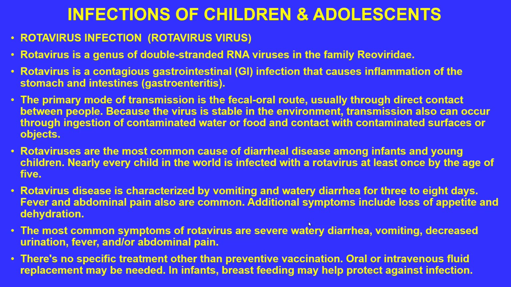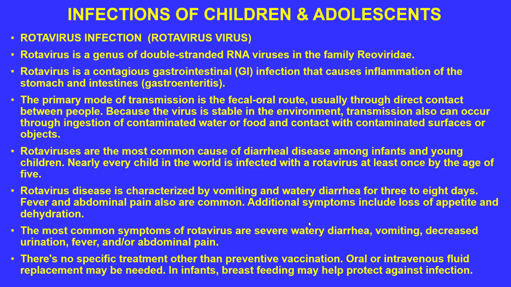Now, when you have decreased urination, that is immediately telling you that your fluid is much lower in the body, in the fluid compartments, the extracellular fluid compartment and the intracellular fluid compartment. And this has been brought on by the watery diarrhea and the vomiting. Now, there's no specific treatment other than preventive vaccination. And one vaccine failed.